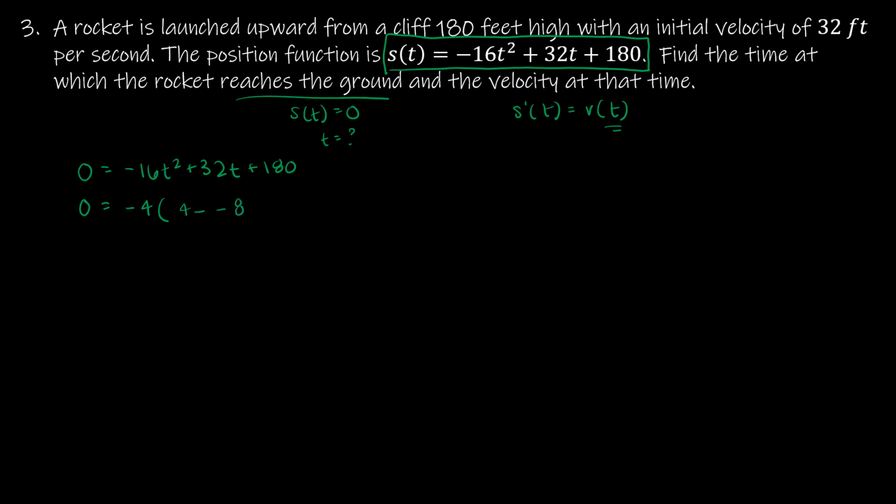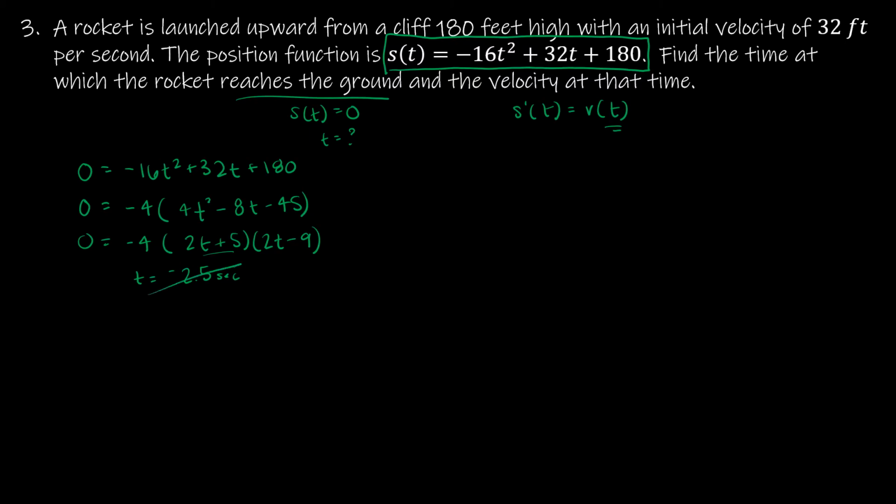I get 4t squared minus 8t minus 45 just by factoring out the negative 4. And then I factor what's left over into 2t plus 5, 2t minus 9, and I find each of those t values. So this t value would give me negative 5/2 or negative 2.5 seconds.